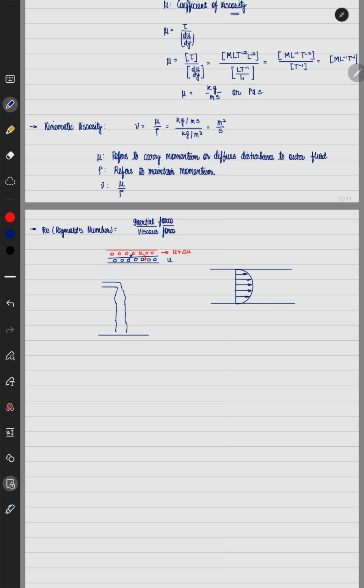So you might have seen, if you pinch this fluid, it becomes somewhat chaotic here, but after moving some distance it will again become the same as it was flowing before. So this is the example where viscous forces are dominant.